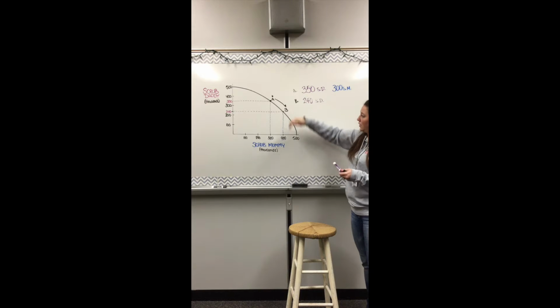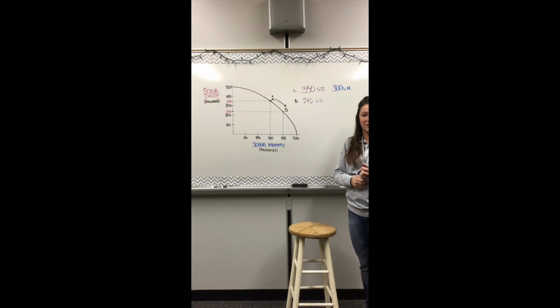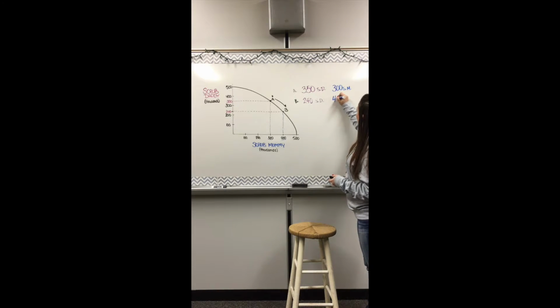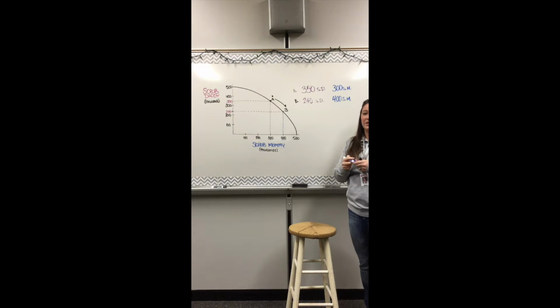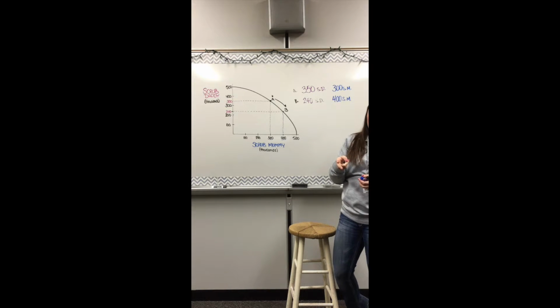If we drop down to our Scrub Mommies to see what we're doing, that takes us up to 400,000 Scrub Mommies. And that's step two. So step one, what's your original production level? Step two, what is your new production level?